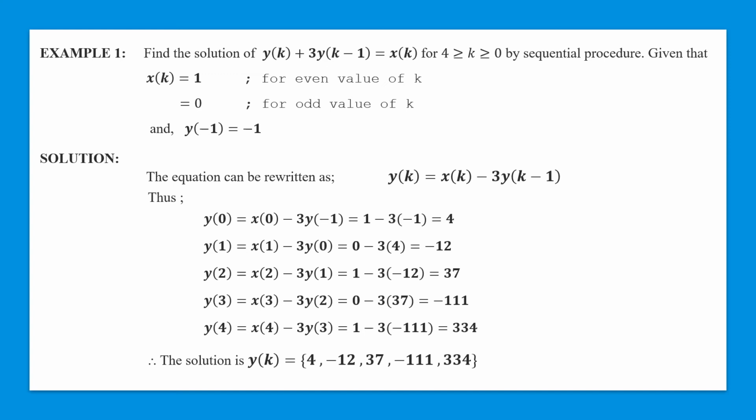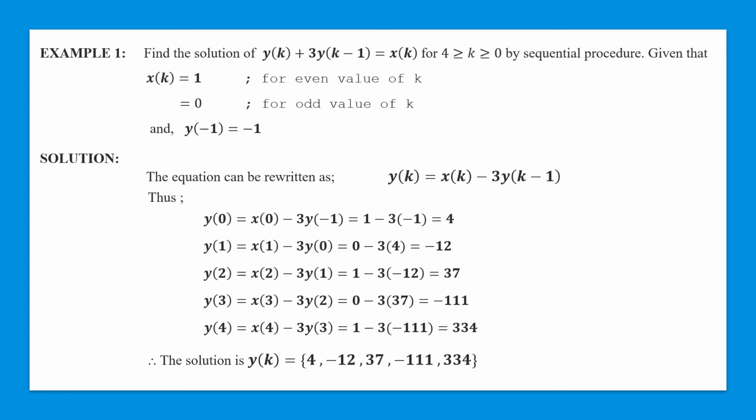For that we can easily rewrite the difference equation as y(k) = x(k) - 3 y(k-1). We know that the general form of the difference equation is y(k) = x(k) minus the coefficient times y(k-1) in this way. So we just rearrange the difference equation given in the question.